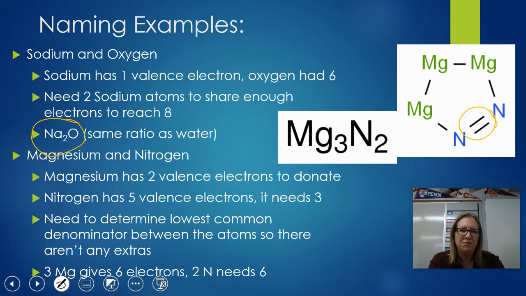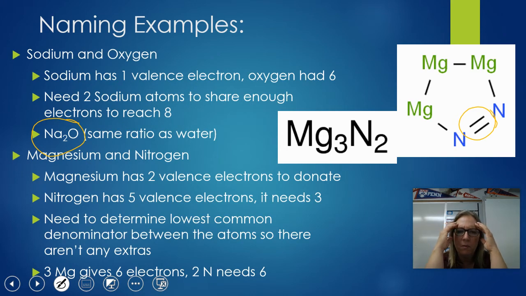Well, if 1 atom of magnesium donated 2, that means nitrogen still needs 1 more. Sorry, it needs 3 more. So we use 2 atoms of magnesium, and now there's 4 valence electrons being transferred. That's an extra 1. So we haven't balanced things out, okay?